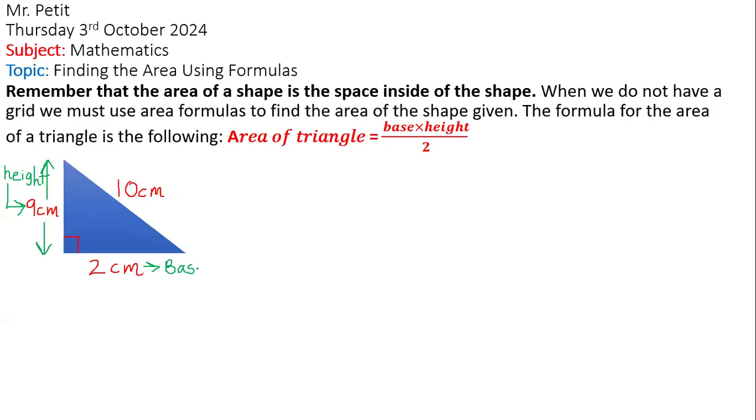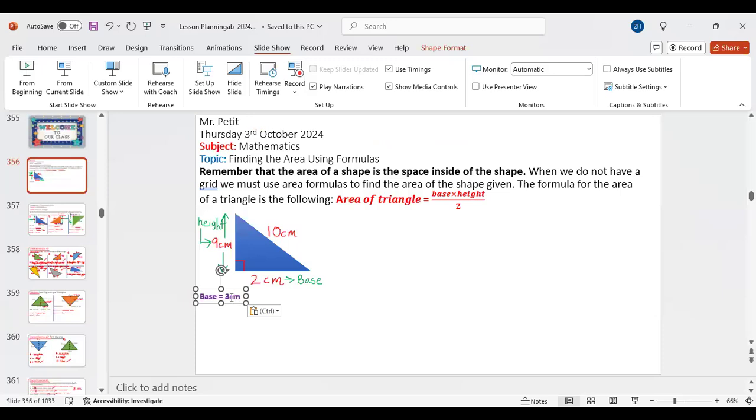So if we want to figure out the area of this triangle, we already established that the base is 2 centimeters and the height is 9. In order to do this, we say base times height divided by 2.